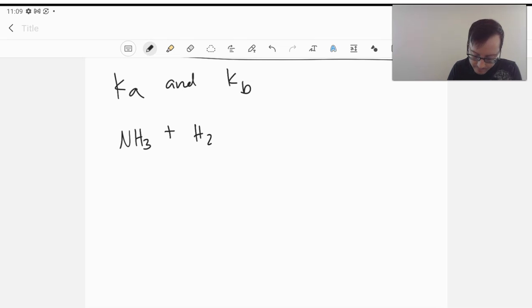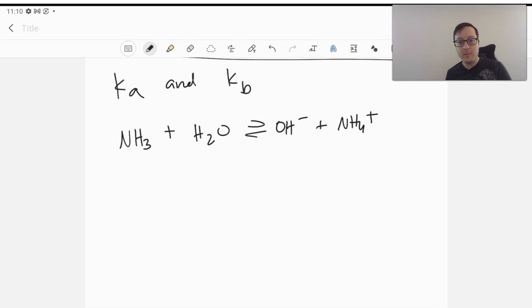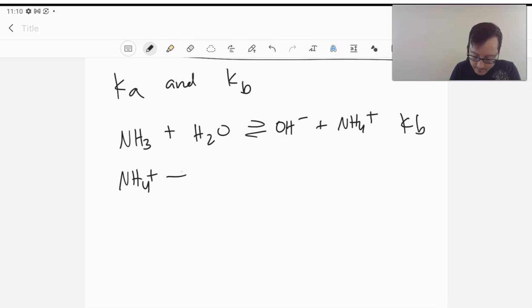Ammonia plus water, if we just do our standard Kb, we get our OH minus and NH4 plus. That's Kb. This is an equation for Kb. If we want to do an equation for Ka, a Ka equation looks like the following. This is a Ka equation.